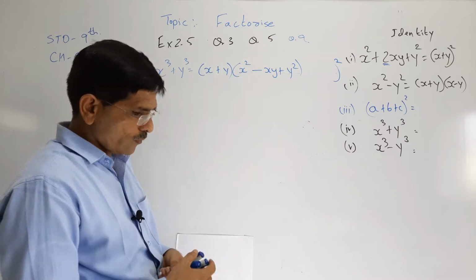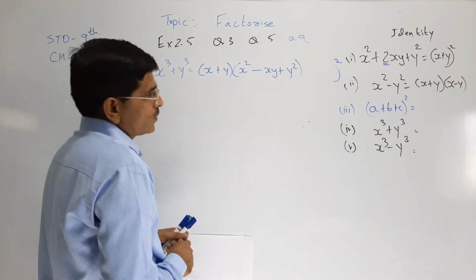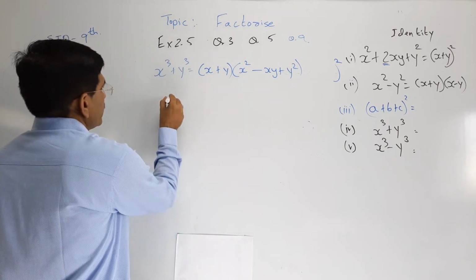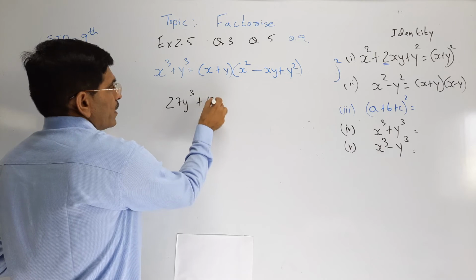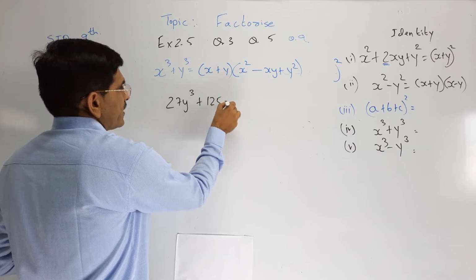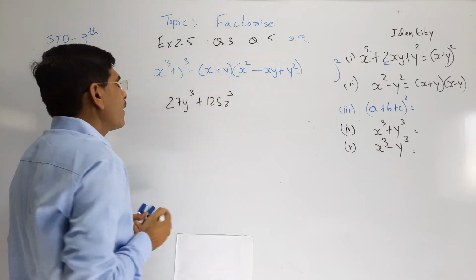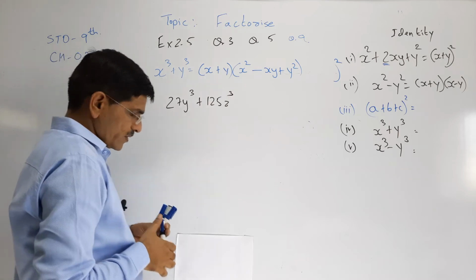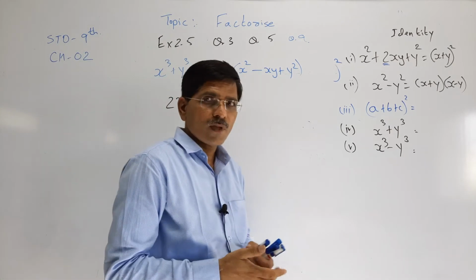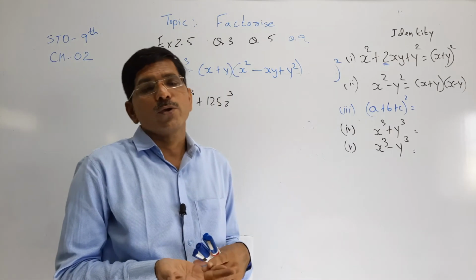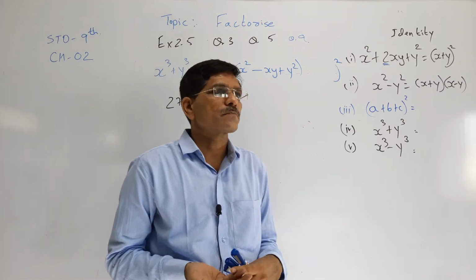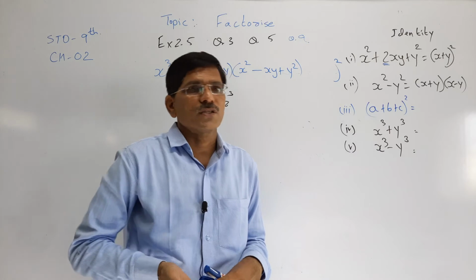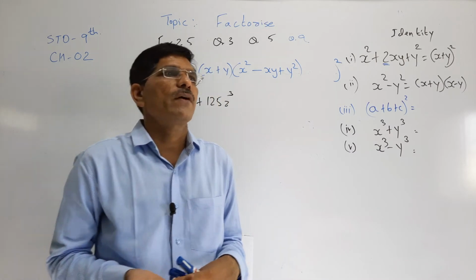So if we go for one sum, it is 27y cube plus 125z cube. Now we must know the cubes of 1 to 10. 1 cube is 1, 2 cube is 8, 3 cube is 27, 4 cube is 64, 5 cube is 125.